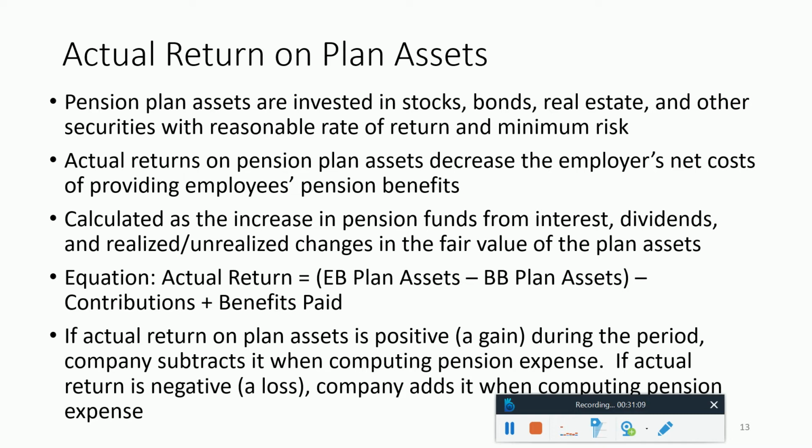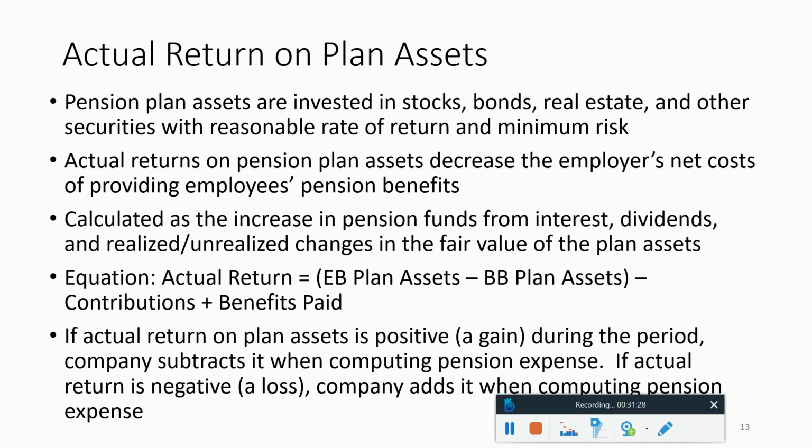I mentioned that the actual return is going to decrease the employer's net cost, so decrease the pension expense. And it's calculated by taking the increase in the pension fund from interest, dividends, and realized and unrealized changes in the fair value.